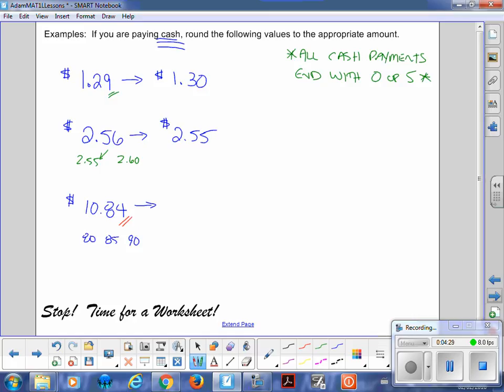We see that 84 is definitely closer to 85. So that means we'd end up paying $10.85. You can see that each of our payments ends in a 0 or a 5, so you're rounding to the nearest 5 when we are paying cash. Again, if it's debit, you're going to pay the exact amount.